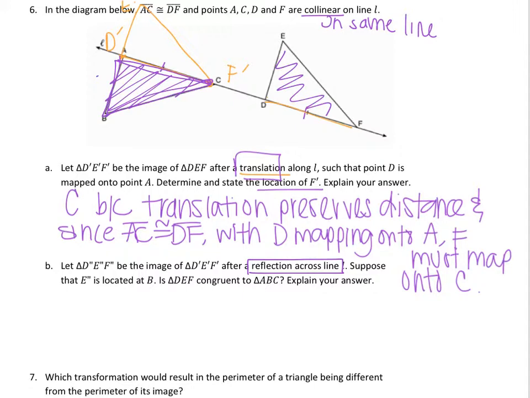So here, if I were to think about whether or not these two triangles are congruent, first we had a translation, second we had a reflection. Neither of them is a dilation, which means that distance is preserved.